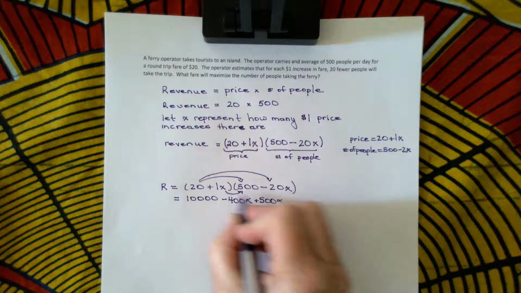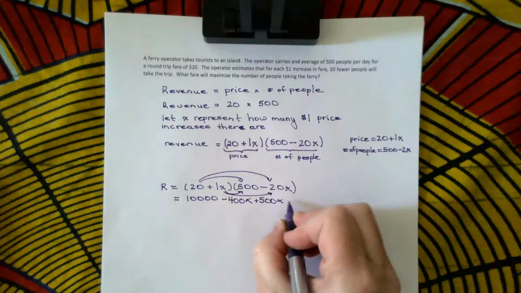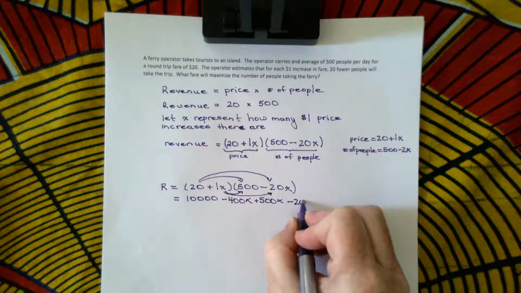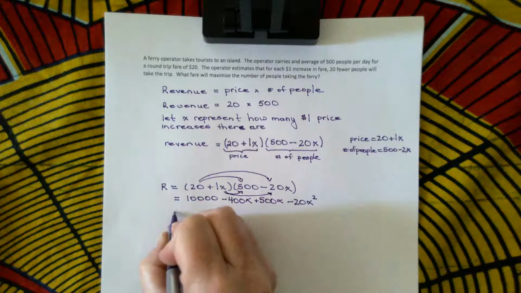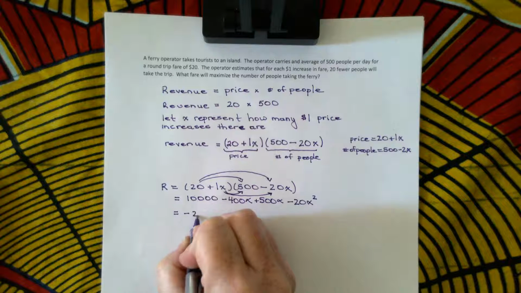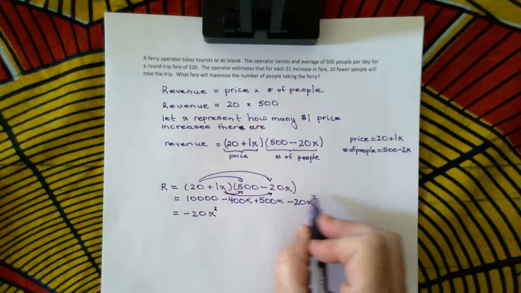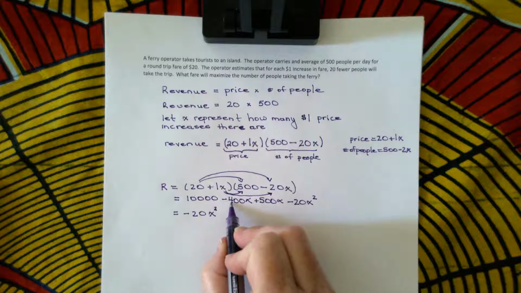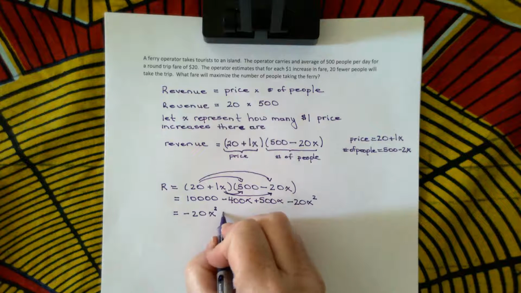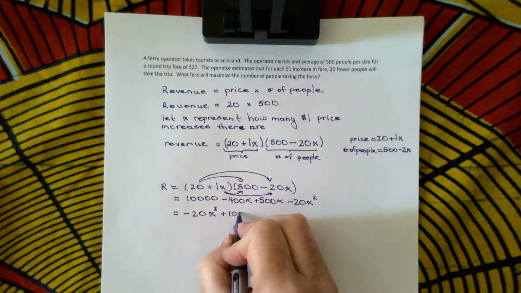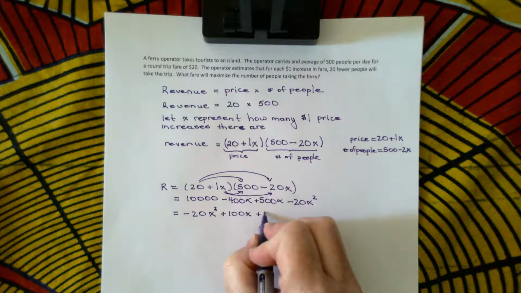And then 1x times negative 20x, so negative 20x squared. And I'm going to rewrite this in order of highest power to lowest power. So I've got negative 20x squared. Negative 400 plus 500 is 100x. And then I have plus 10,000.